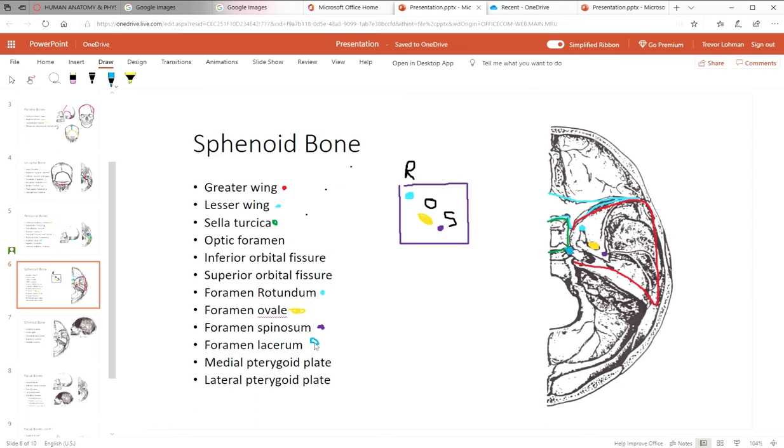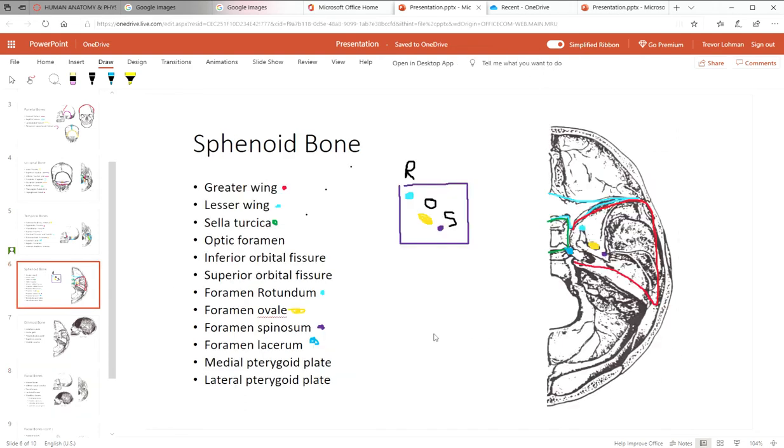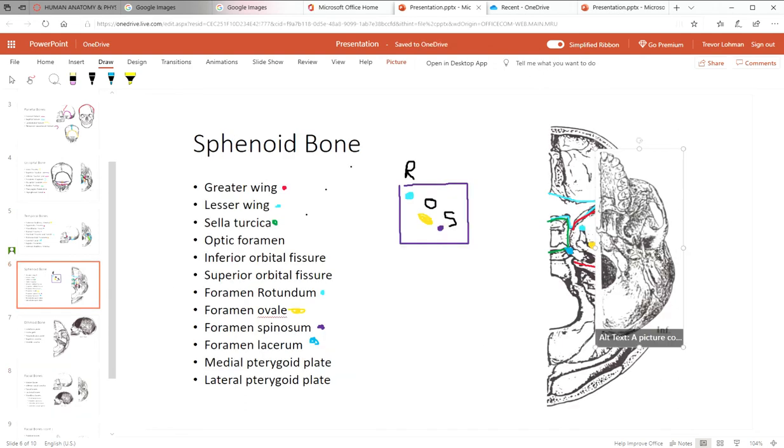There we go. Medial pterygoid plate and lateral pterygoid plate. Probably the best view for that would be an inferior view. So I'm going to steal this. Don't tell anybody. And I'm going to put it here.